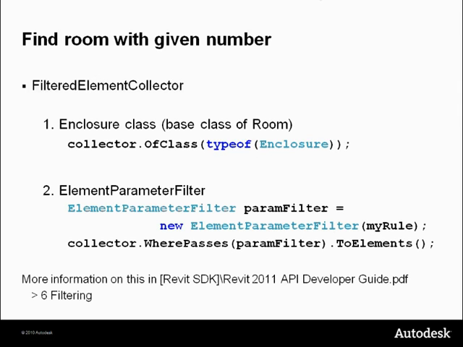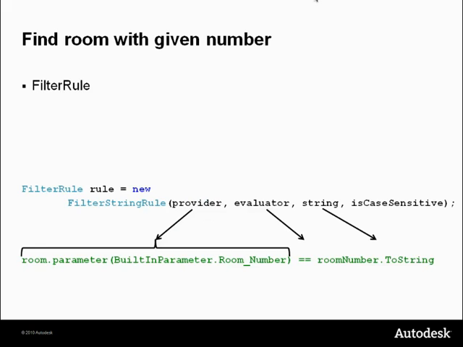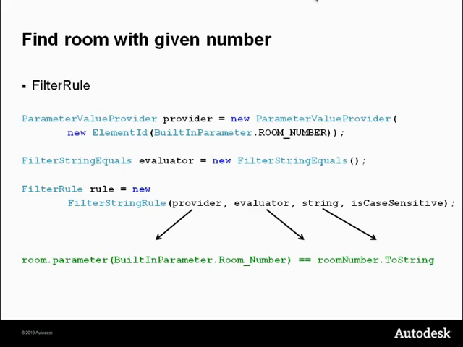Then we can narrow down the collection to the exact room we are looking for using where passes, which requires a filter that is based on a specific rule. A rule requires 3 parameters: a provider that returns the parameter's value, an evaluator that tells Revit how we are comparing the value, and the value itself, in our case a string that we are comparing to. In this case, we are checking if the room number parameter of a room equals to the string we pass in.